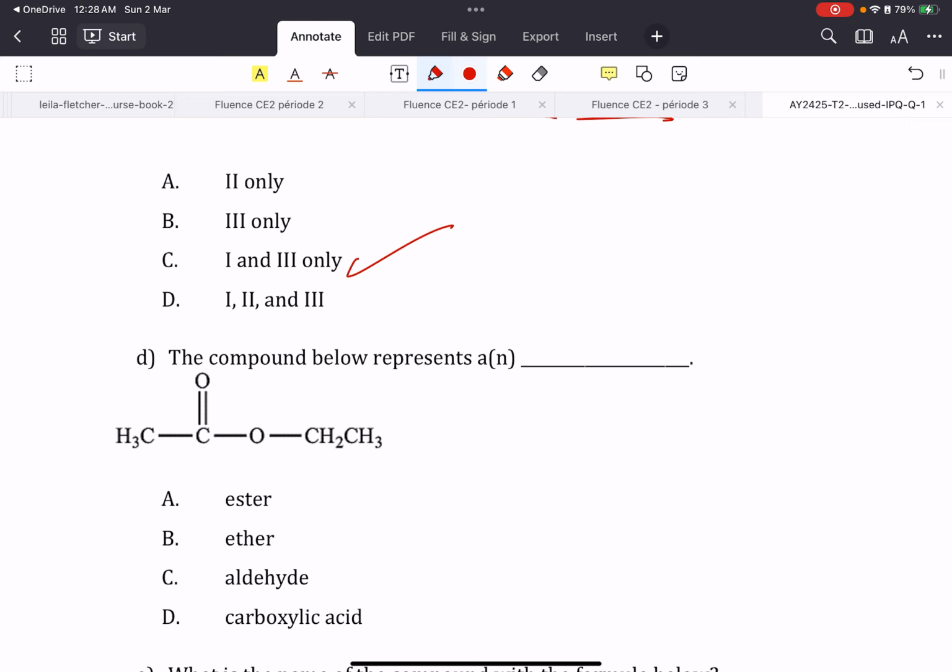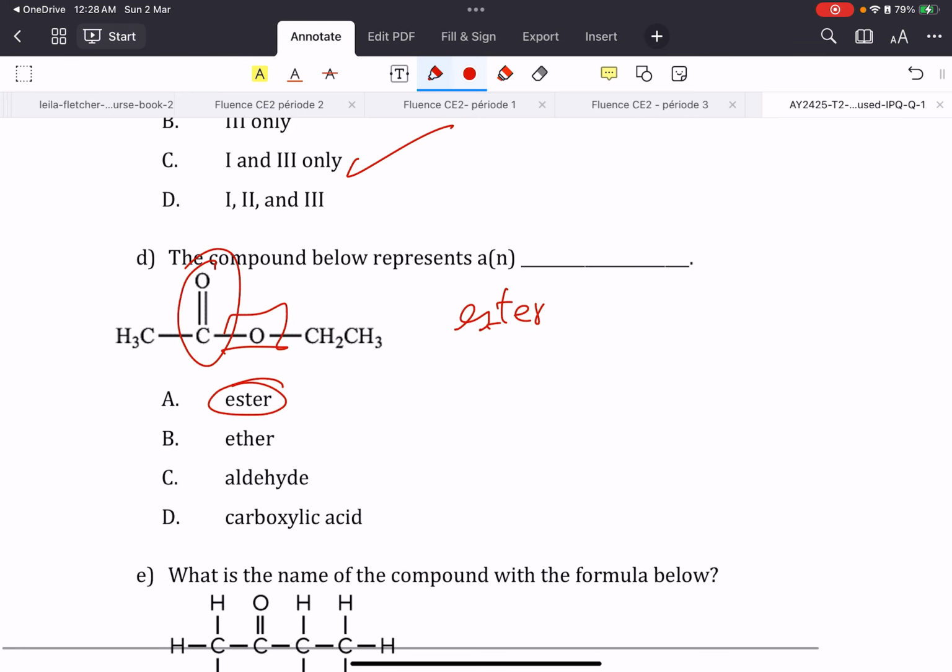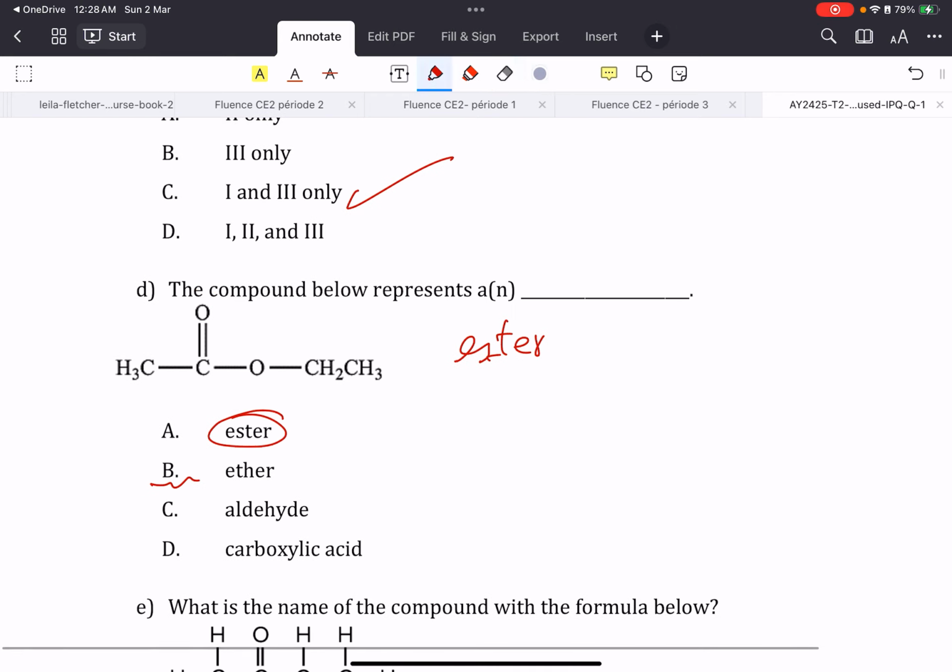Next, the compound below represents an ester. I have a C double bond O bonded to oxygen. That's an ester. Again, I remind you, to be an ether, if I want to choose option B, I should not see this double bond here, and I will have hydrogens on carbon to answer choice B. If the answer must be C, this should be a hydrogen.